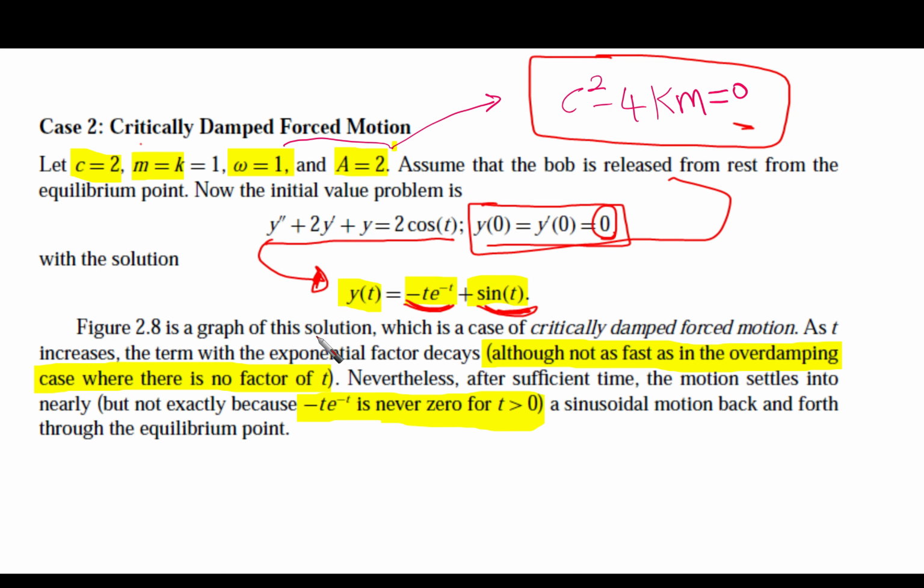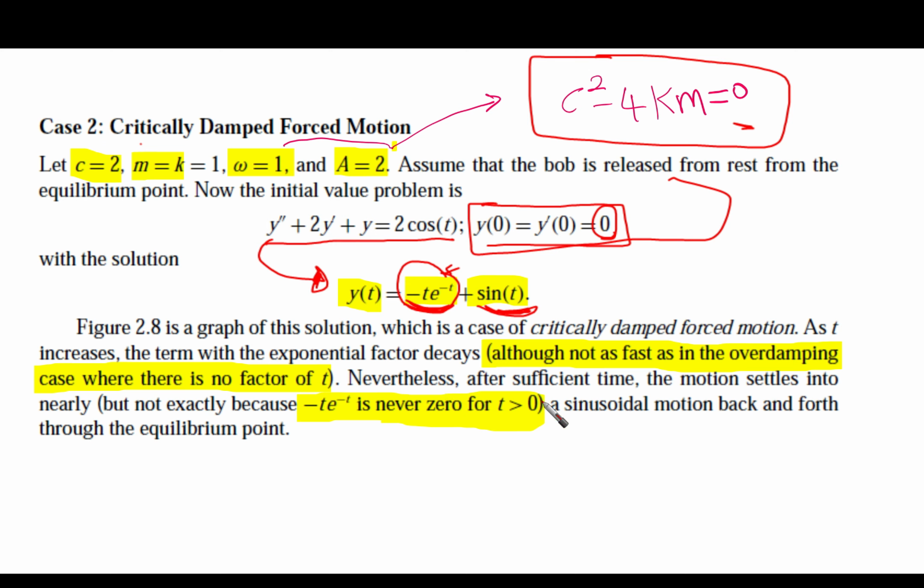But before going to the figure, as t increases, what will happen? The term with the exponential factor would what? Yes, it decays. Although not as fast as in the overdamped case, the previous case, where there is no factor of t.